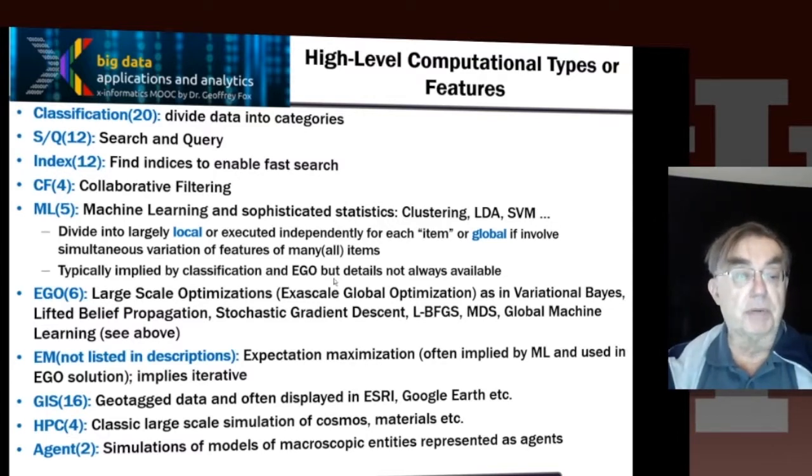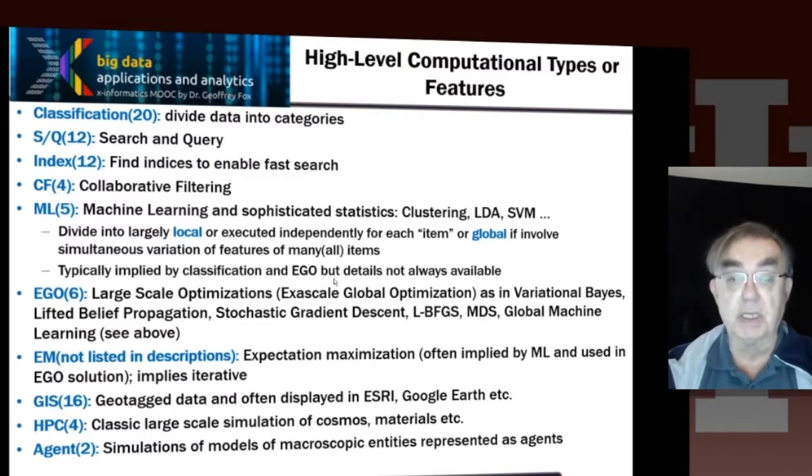We have this peculiar classification called exascale global optimization, which is a rather whimsical way of referring to large-scale optimizations, often set up as a sum over data taken across the web. And there are various nifty ideas here: variational Bayes method, lifted belief, stochastic gradient descent, multidimensional scaling, machine learning.